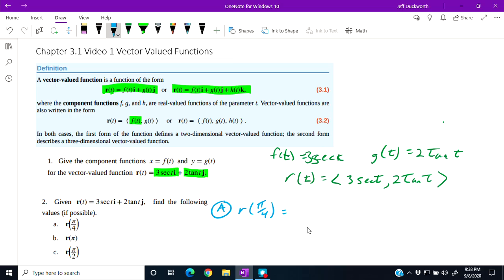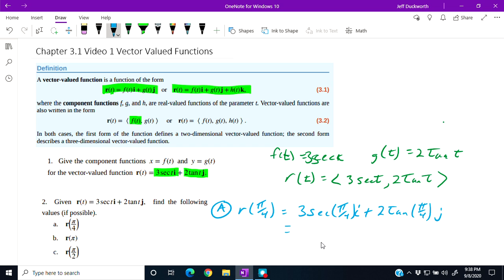Wherever we see the t, we're going to plug in pi by 4. So this is equal to 3 secant of pi by 4 times the vector i, plus 2 tangent of that pi by 4 times the vector j.